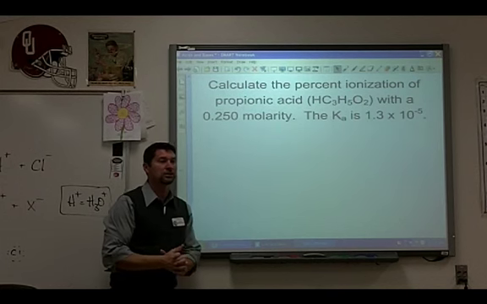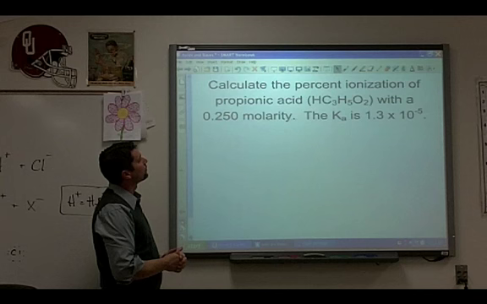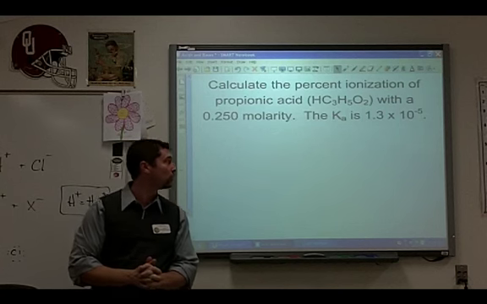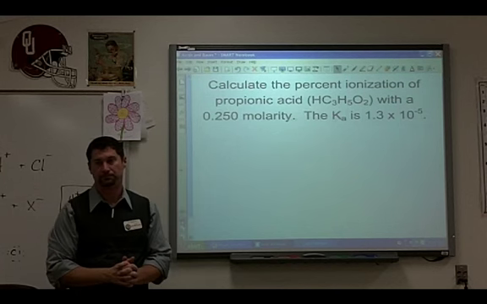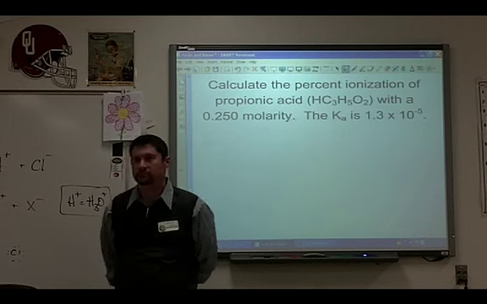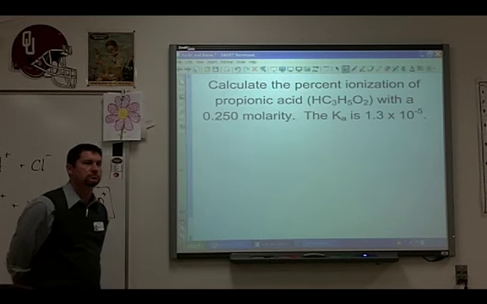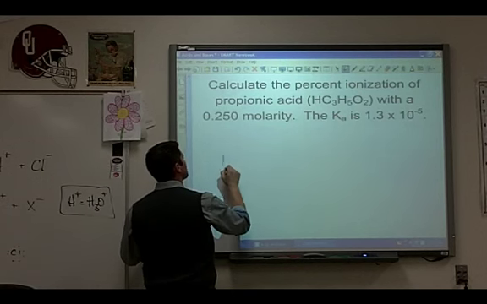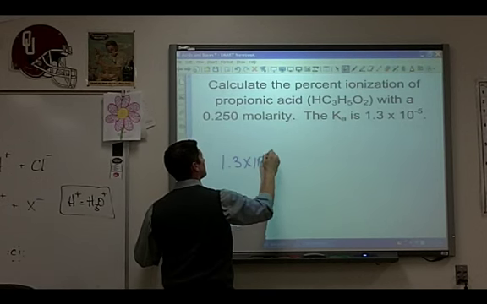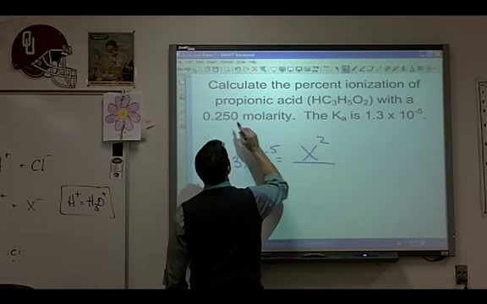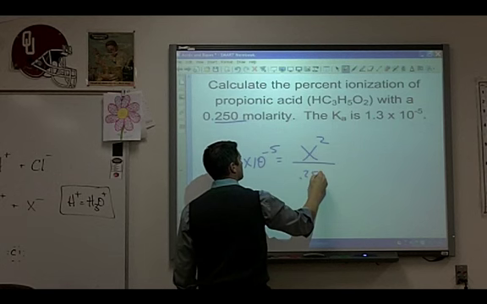Calculate the percent ionization of propanoic acid with a 0.250 molarity. The Ka for propanoic acid is 1.3 times 10 to the negative 5th. Okay, isn't it always Ka equals x squared over concentration?